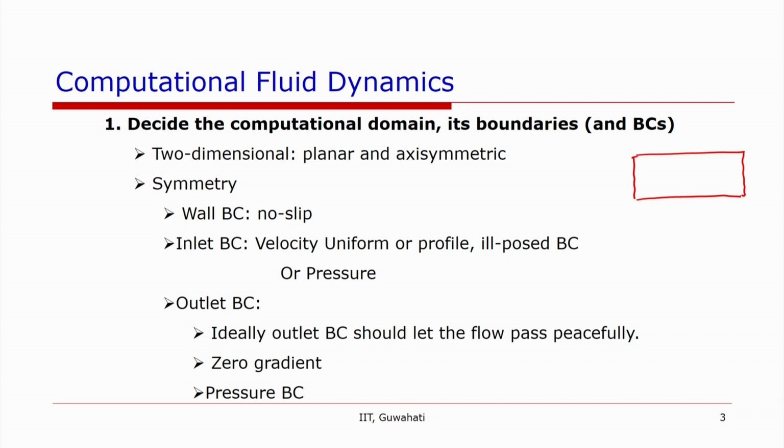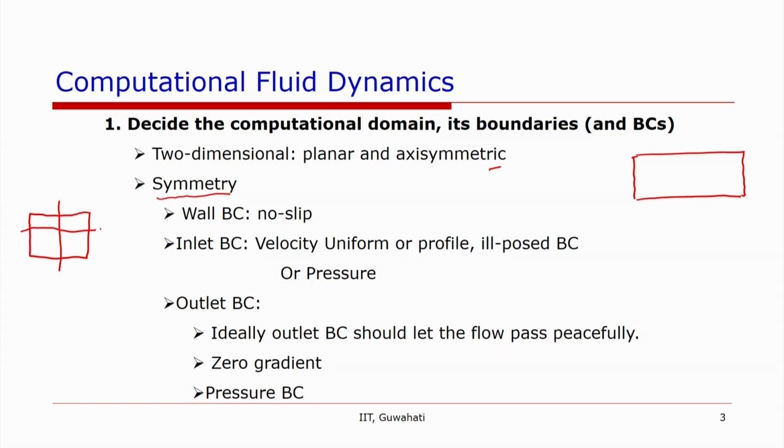The problem can then be solved as an axisymmetric problem, and one needs to solve only the r and z equations, which reduces the number of equations that need to be solved. So, our computational time and computational cost will be reduced. That is about the computational domain.